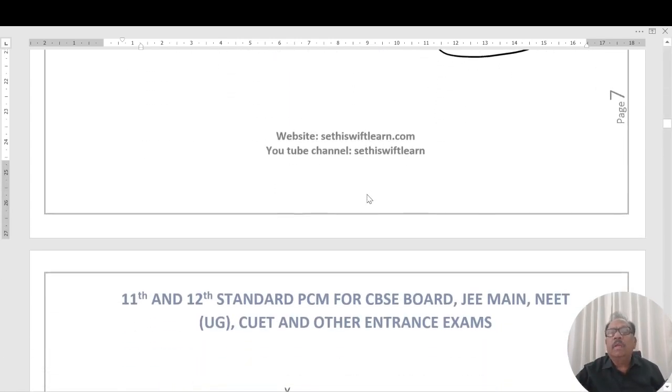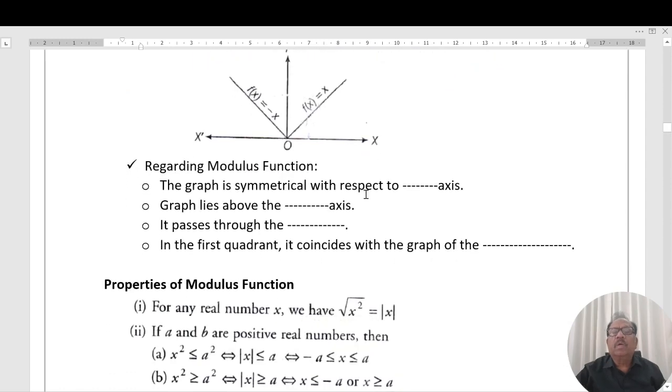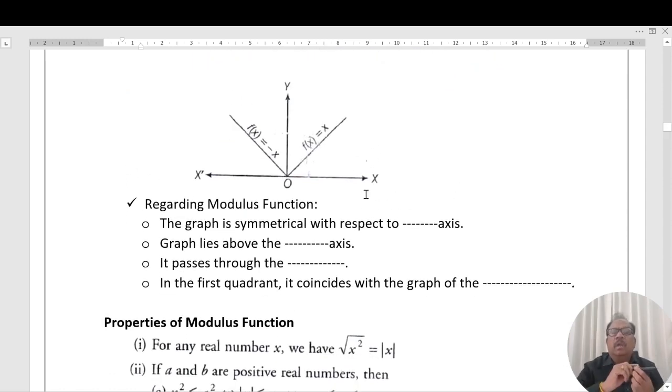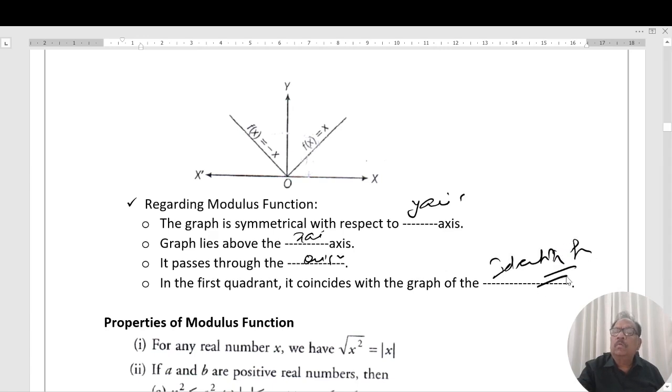Right? Next, graph regarding the modulus function. Graph is symmetrical with respect to the y-axis. Graph lies above the x-axis. It passes through the origin. In the first quadrant, it coincides with the graph of the identity function. This is the identity function, right?